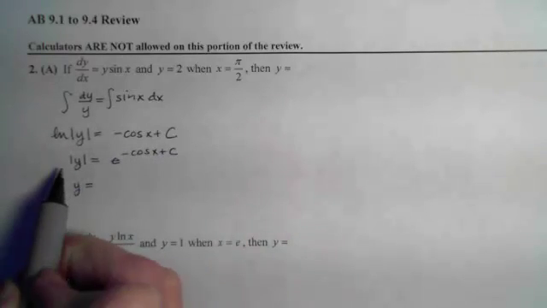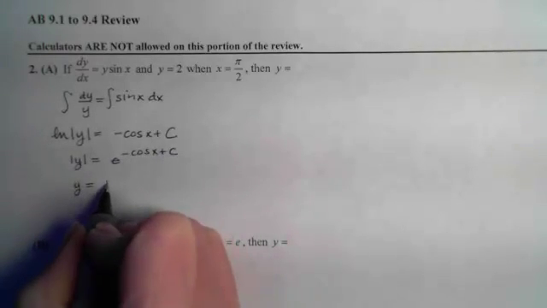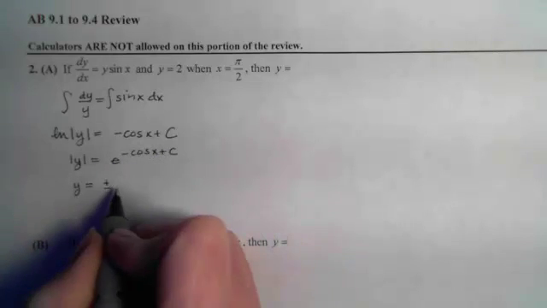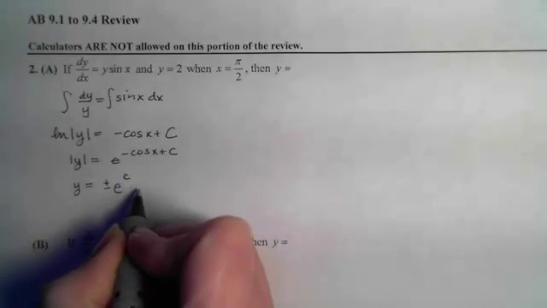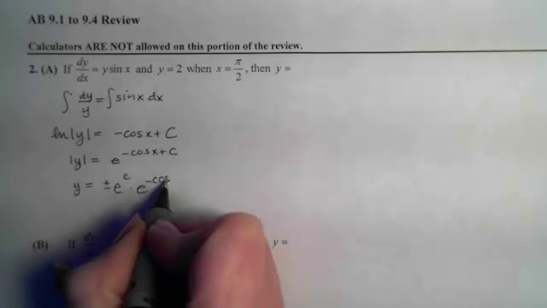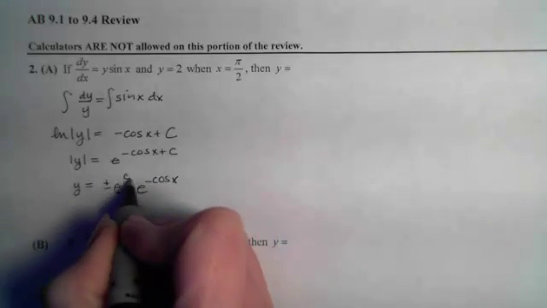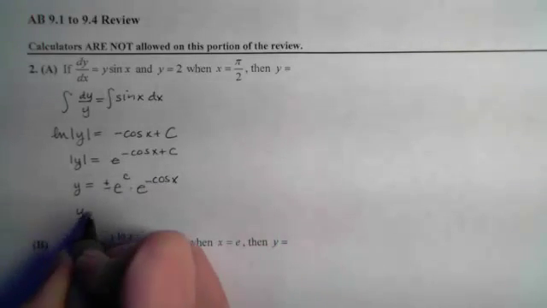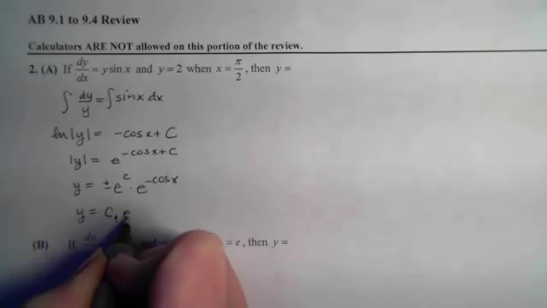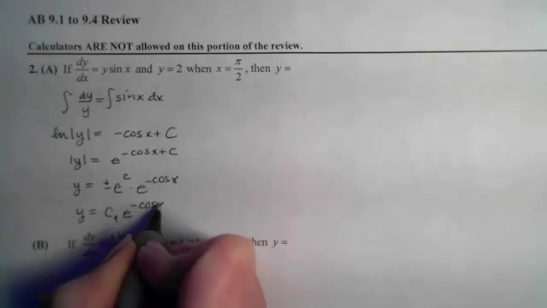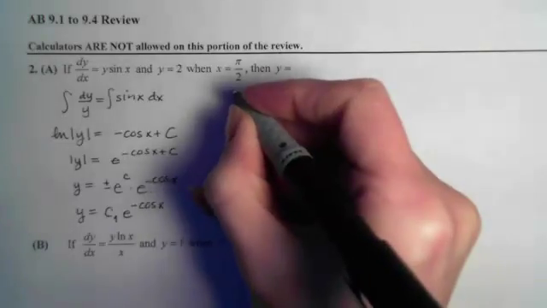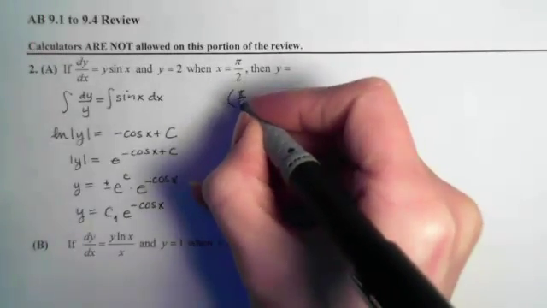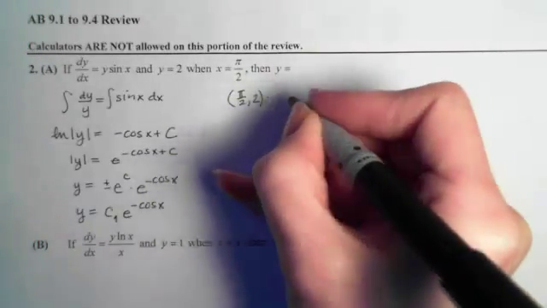And remember, when I get rid of this absolute value, I'll do a plus or minus, and I'll use properties of exponents to split that exponent. That way I can treat this whole front number as just another random constant. And now I can plug in my point, where x is pi over 2 and y is 2.